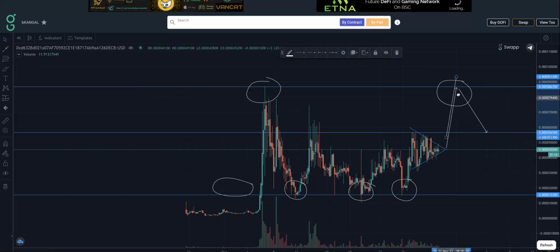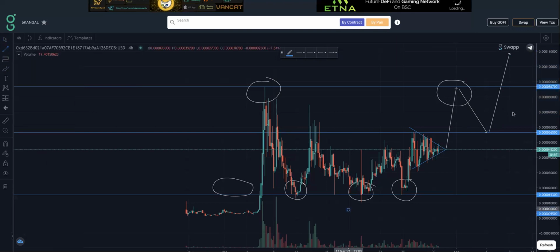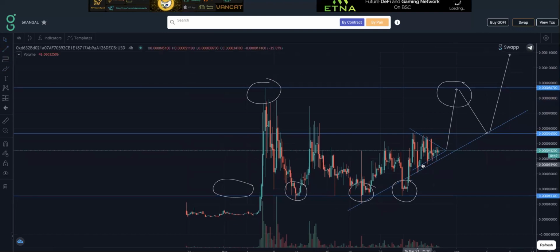That's likely the probable path of price of this coin, because price doesn't just go in a straight line. And then you see me draw trend lines as well. So that is a very, very probable path of price. See price here, here, here, here.